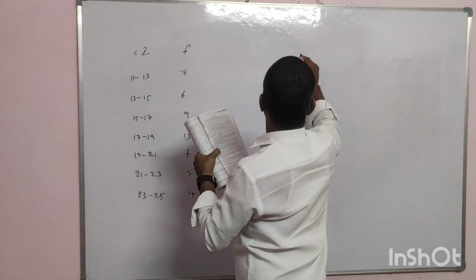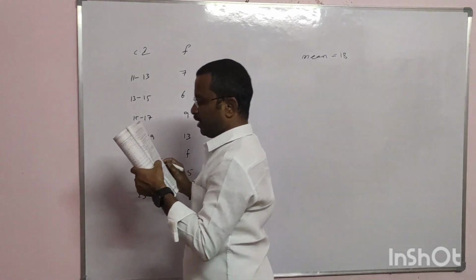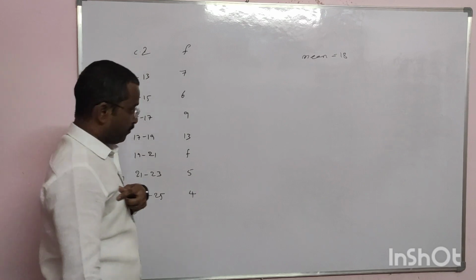The purpose of this is that the mean is given as 18. This is the data you have now. You need to find the missing frequency.